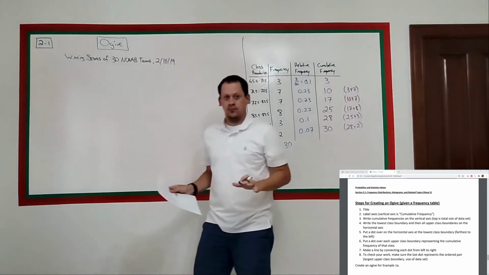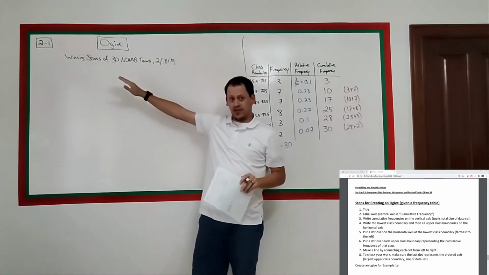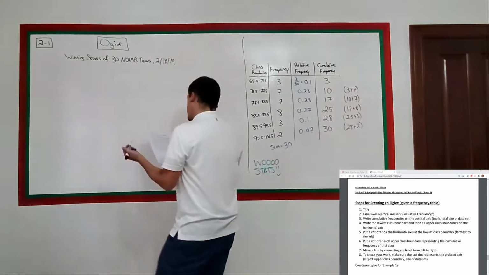Same title. It's the same data. Again, a more specific title is better than a less specific title. There should be no doubt as to what your graph is representing.